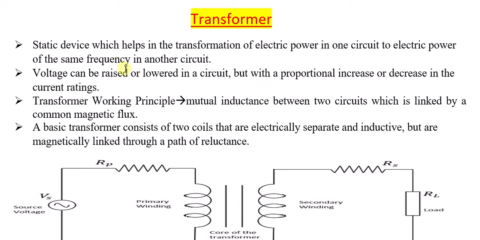So this is the basic idea of a transformer. Voltage can be raised or lowered in a circuit, but with a proportional increase or decrease in the current ratings. This is very important to understand. Voltage can be raised or lowered means I can either increase the voltage in a circuit, or I can decrease the voltage.